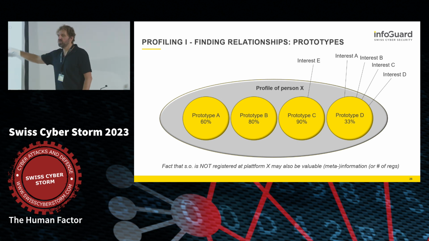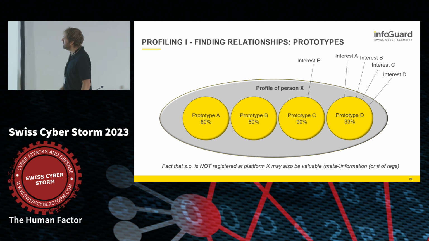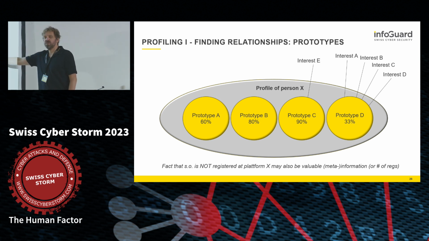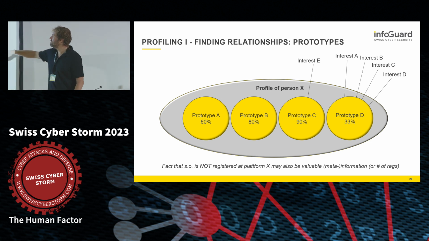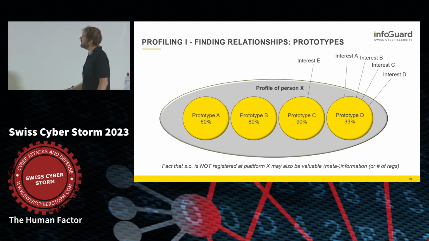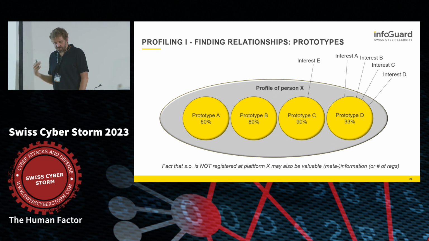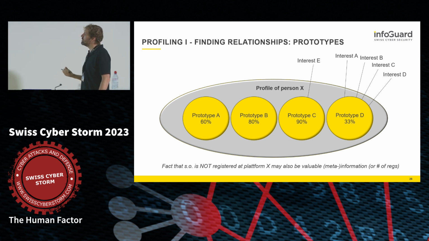And you attribute interests to these prototypes, like here, interest A, B, C, D. If this is the outdoor enthusiast, this person would be interested in hiking, doing a lot of sports, being outdoors, and so on.